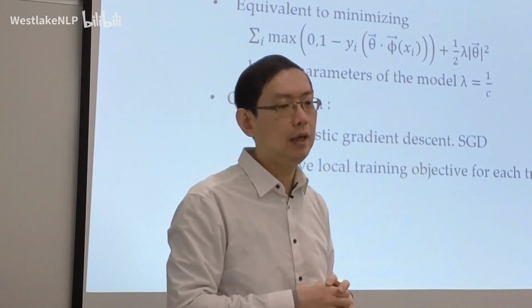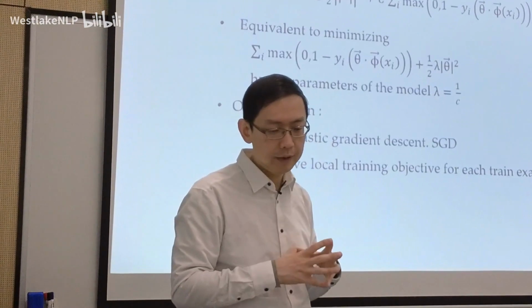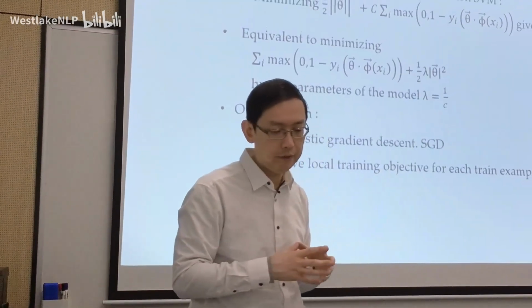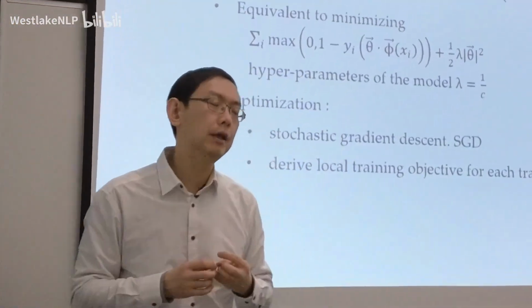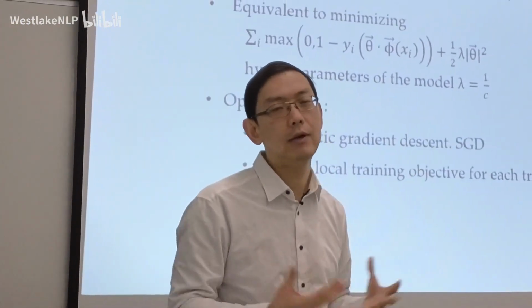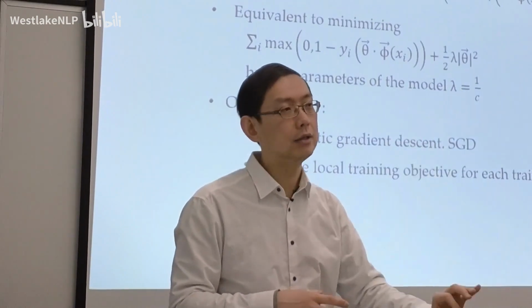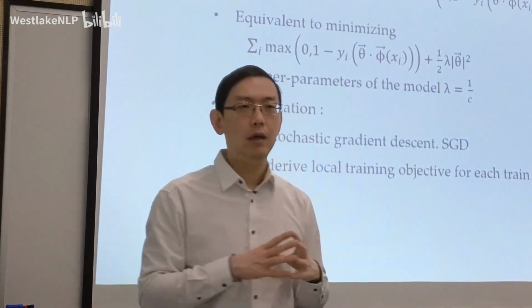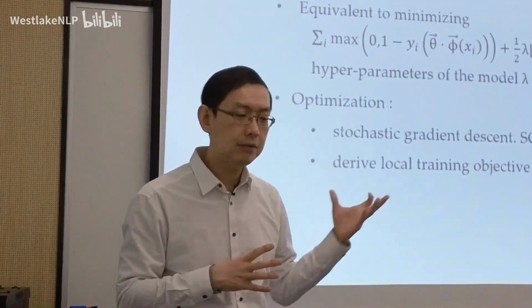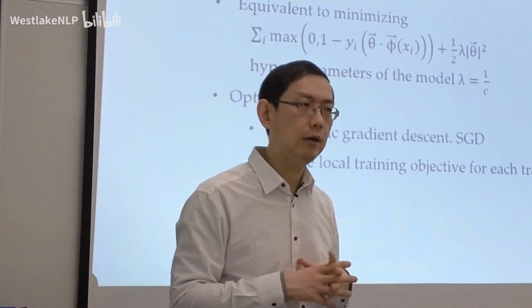But if it's even smaller than 0, what does it mean? If it is even smaller than 0, it means that the model makes an incorrect prediction, right? It falls on the incorrect side of the hyperplane. Alright, so this means violation. We want to minimize these violations. We minimize the slack variables, okay?